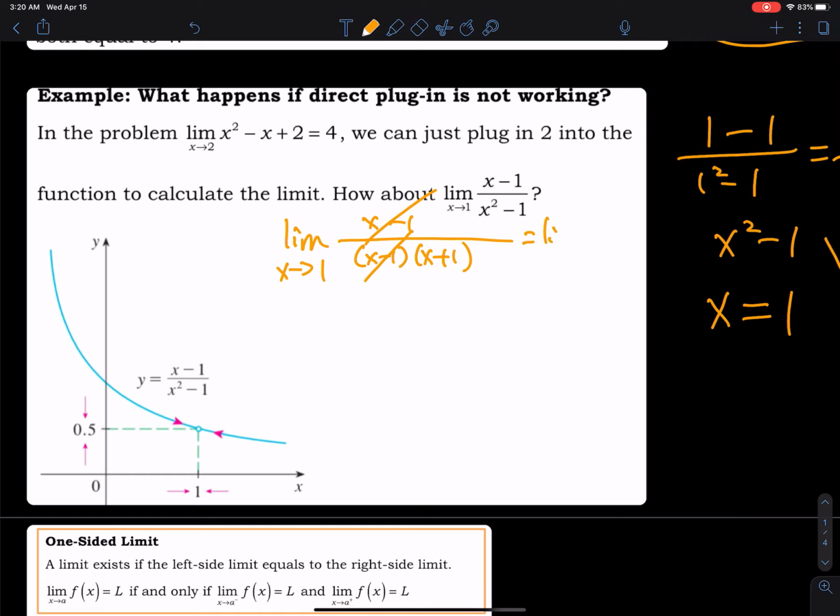So that equals the limit as x approaches 1 of 1 divided by (x plus 1). Now we are able to plug in x. As x approaches 1, we have 1 divided by 1 plus 1 equals 1/2, which is equal to 0.5. And you just said that x cannot be equal to 1, but after we did some algebra, x can be equal to 1 now.